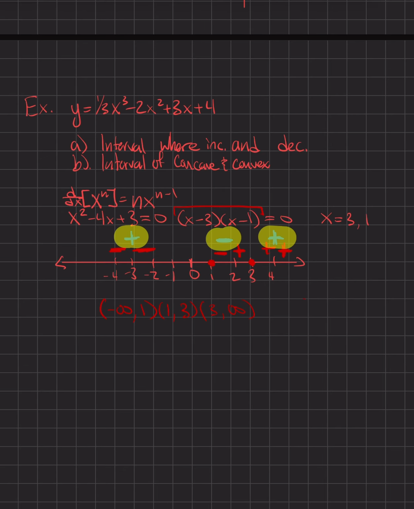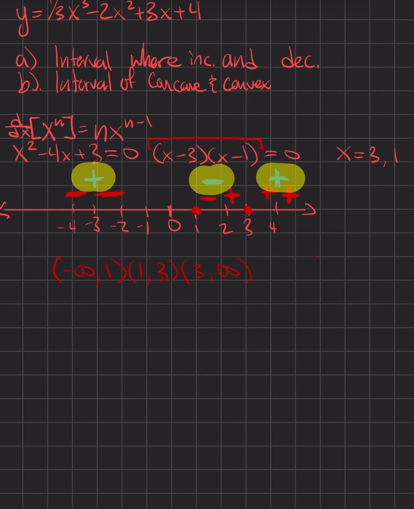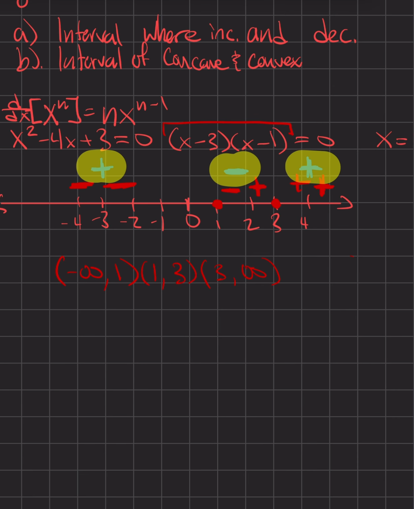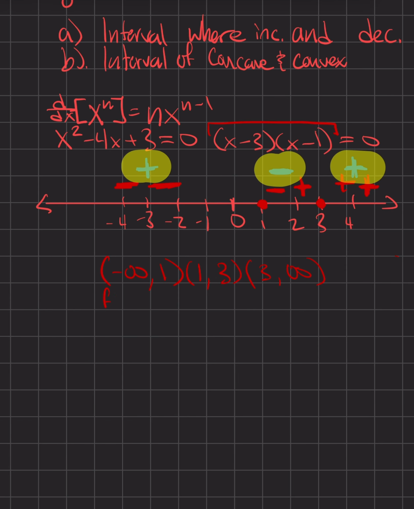So now, what can we say about that? At these points, zoom in here, our derivative of the function is going to be greater than 0. And then here, the derivative of our function is going to be less than 0. And here, like the other one, it's going to be greater than 0.